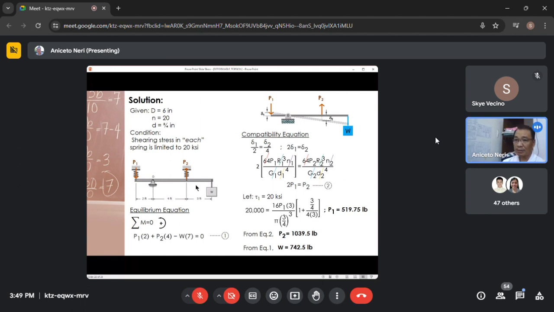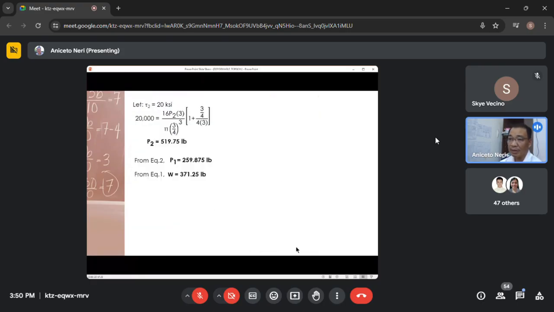Therefore, going back to the condition written here, it asks for the maximum load W. So you have to choose between 742.5 and 371.25. And from your experience in chapter 1 and 2, when looking for the maximum load, the answer is the smallest value.